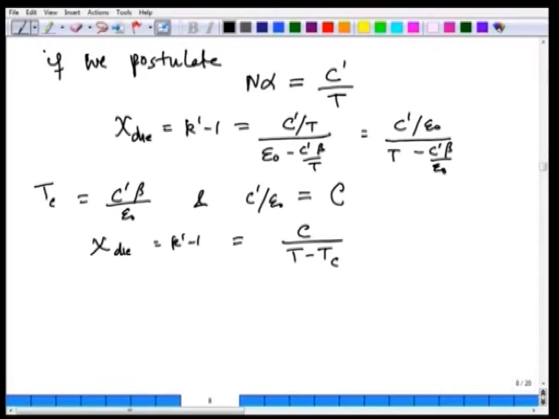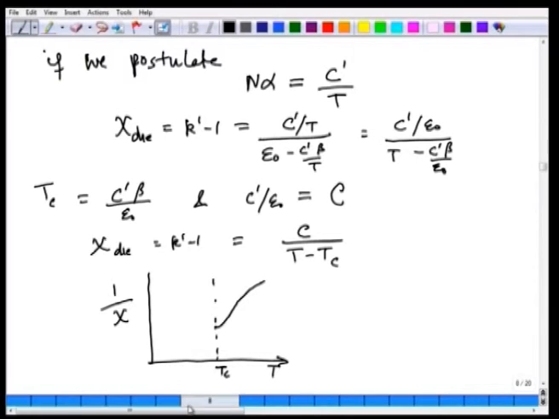And now what I can do is plot susceptibility versus temperature; in that case, 1 by susceptibility is what I want to plot. Remember what happens, let us say this is Tc. This is going to go something like this. As we lower the temperature, susceptibility increases, and therefore 1 by susceptibility decreases, and what happens at this point?